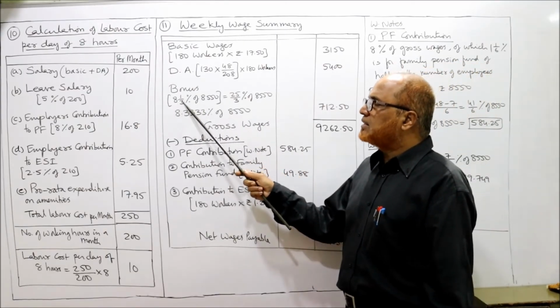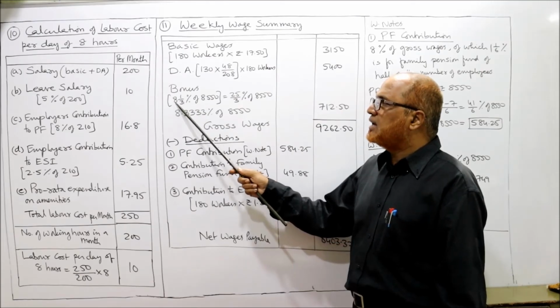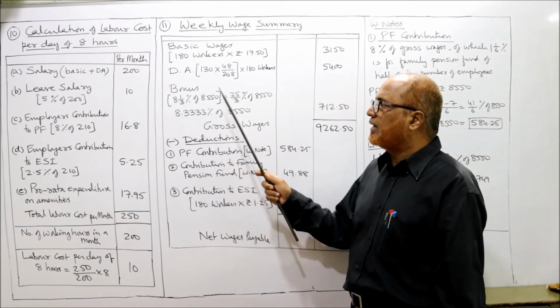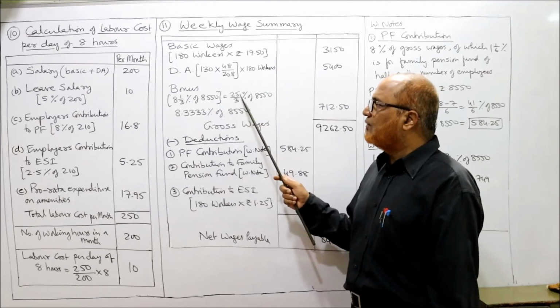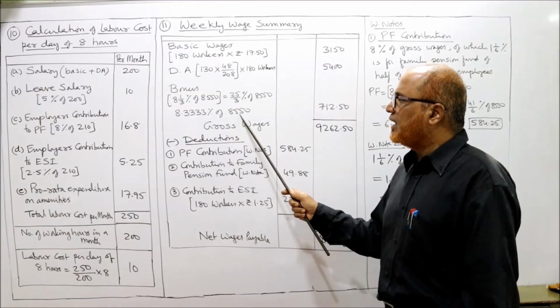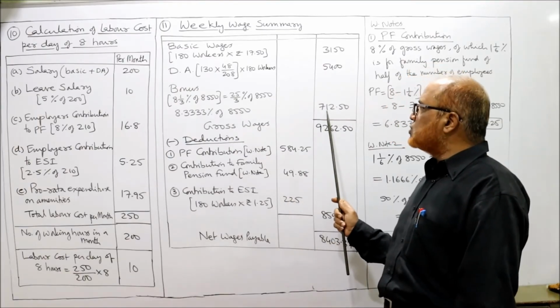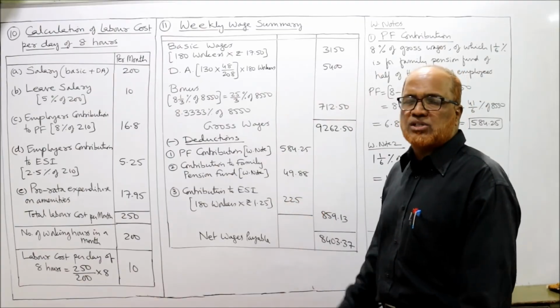So 8 1/3% of 8,550. 8 1/3 means 3 8s are 24, 24 plus 1, 25. 25/3% of 8,550. If you divide 25 by 3, you will get 8.3333% of 8,550. It comes to 712.5. Now you add up gross wages.